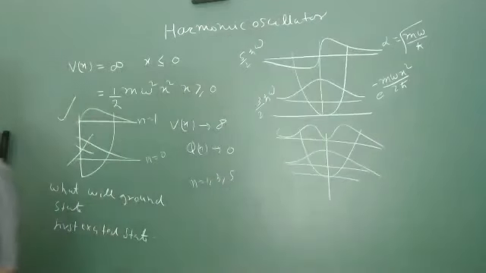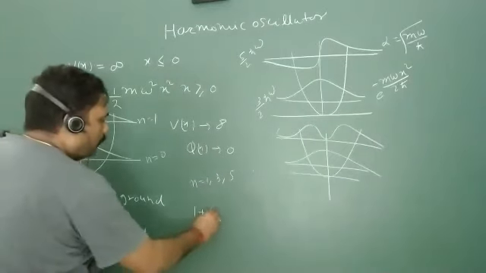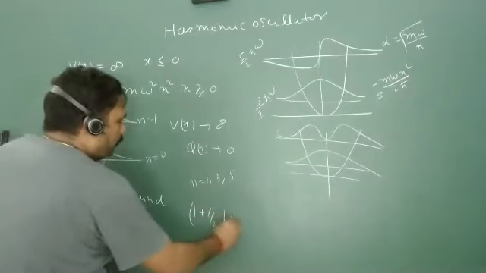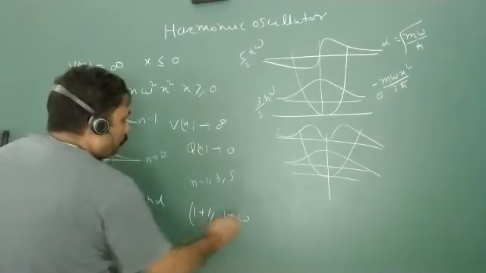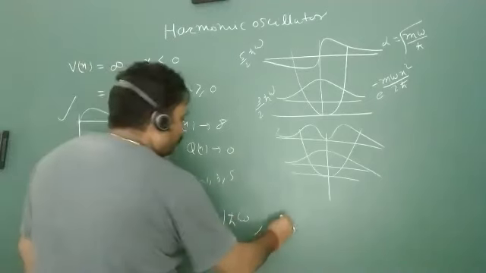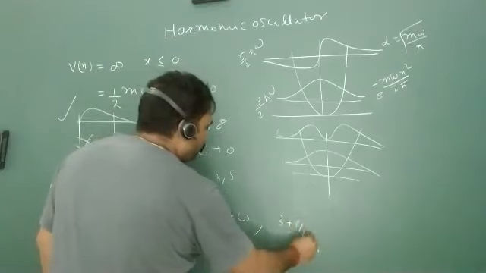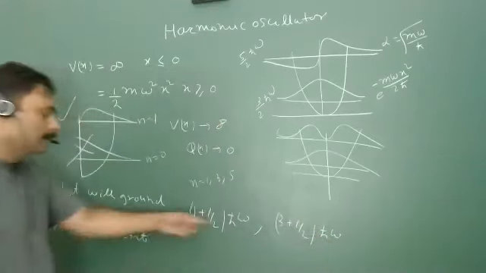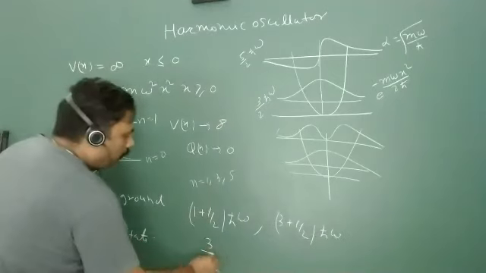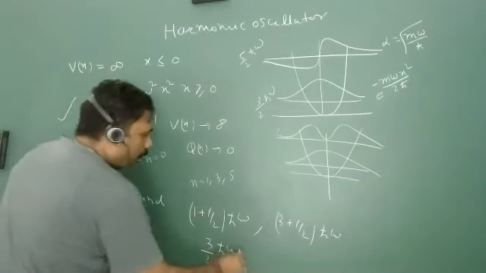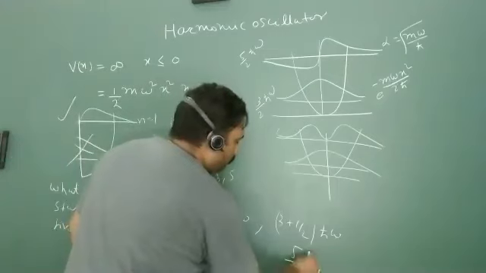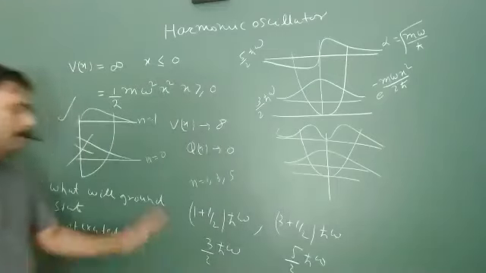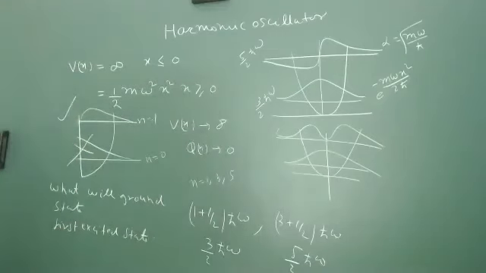So what will be the ground state? The ground state will be (1 plus half) h cut omega, the first excited will be (3 plus half) h cut omega. So this will be nothing but 3 by 2 h cut omega, and this will be 5 by 2 h cut omega. If you have any doubt, you can just ask me.